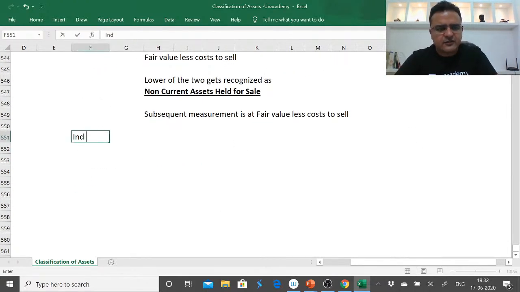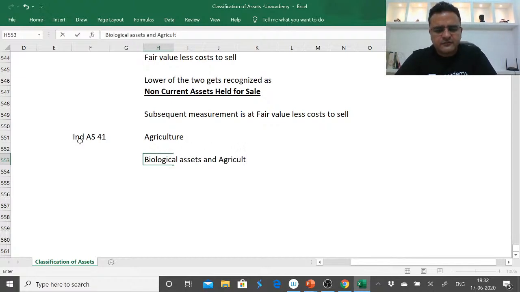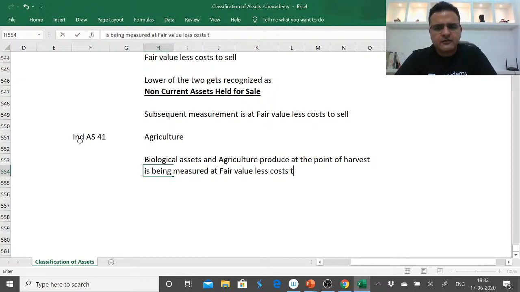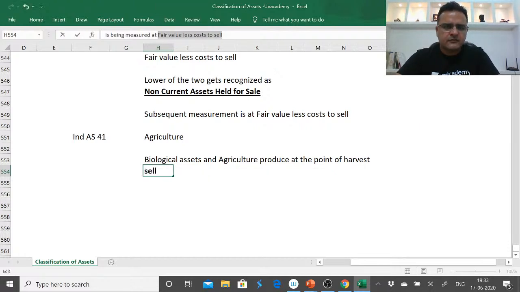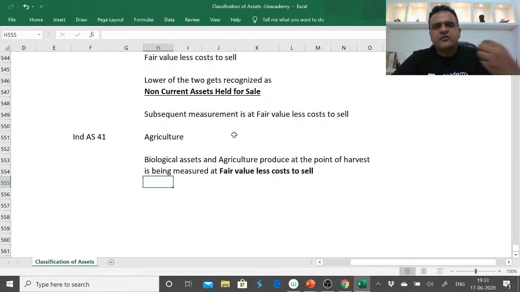This is another standard, Ind AS 41 Agriculture. In Ind AS 41, there is no need for the impairment standard, because the biological assets and agricultural produce at the point of harvest are measured at fair value less cost to sell. There is only one way of measuring it.